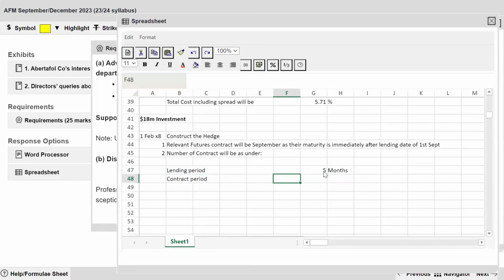Contract period is going to be 3 months. Hence the number of contracts is established like this: 18 million divided by half a million, multiplied by the lending period divided by the contract maturity period. So 60 contracts.